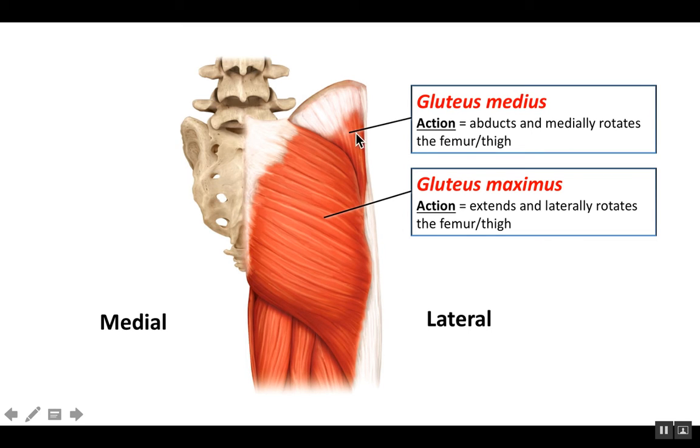Underneath it, which we see a little of it here, is the gluteus medius. So you have the maximus, medius, and then even deep to it is a muscle called the gluteus minimus. The gluteus medius helps to abduct, so moves that thigh or leg away, and medially rotates the femur or thigh.